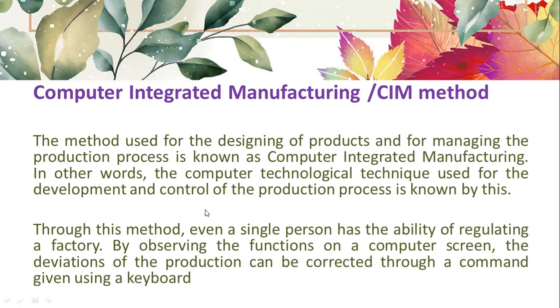Everything is done by computers, everything by machines. All things are done by the machines. What he has to do, he has to operate these machines in a cubicle. Just using a keyboard, he can operate everything, right? There are some businesses using that process. So that kind of method we call computer integrated manufacturing, right?